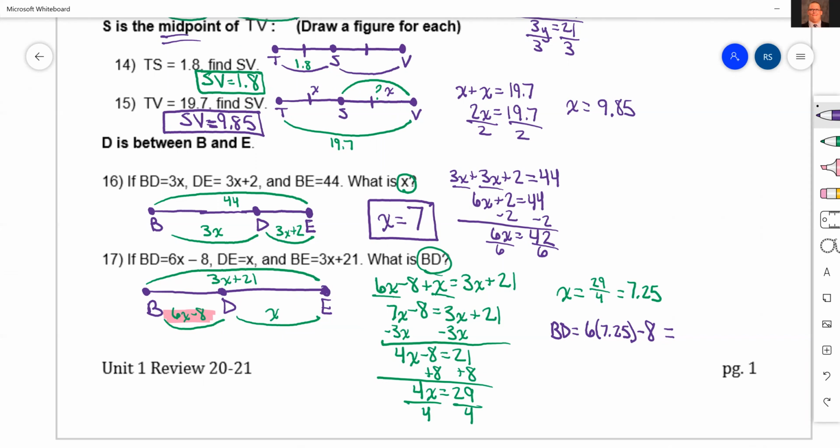Wait, did I do this right? Yeah. D is between B and E, yeah. Oh, my key is wrong. 6 times 7.25 minus 8. Oh no, that's right. I just didn't write the whole thing. 35.5. That's what it asked for. 35.5.